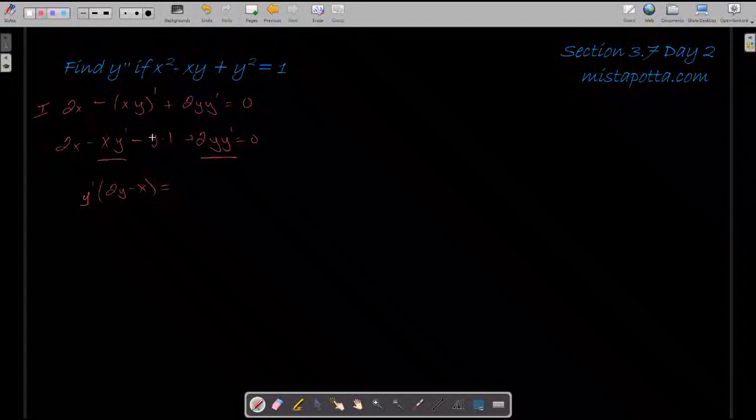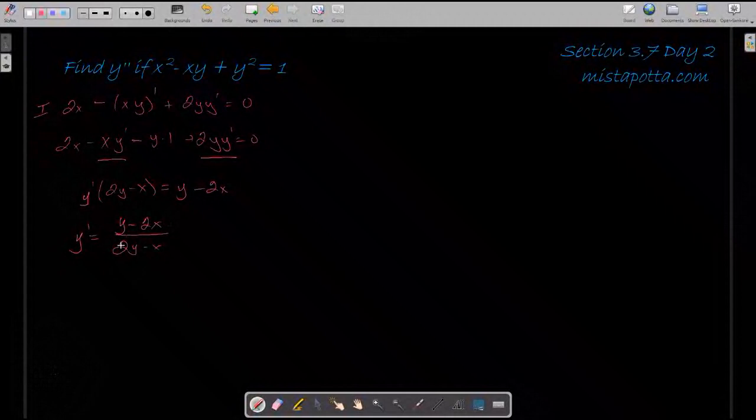And that's going to be equal to, when I move the y over, and when I move the 2x over, I get y minus 2x. And so my first derivative is y minus 2x over 2y minus x. And so this is the first step, finding y prime.